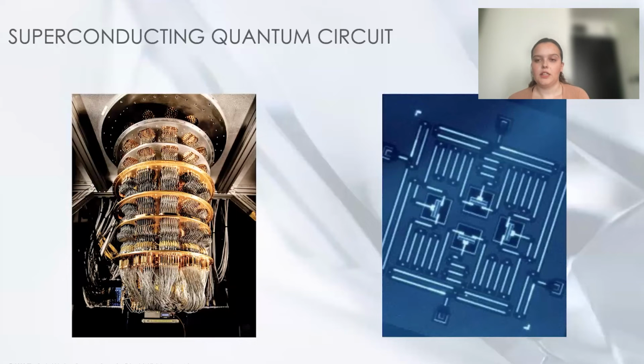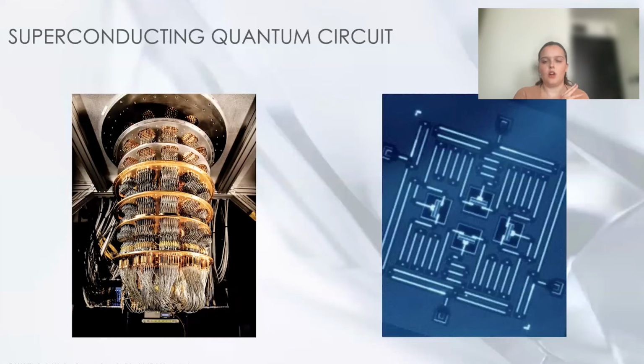And to go back to the circuit on the right-hand side, we can see the 4 qubits in the center. And if you look, you can see the wires. There are little connections between the qubits. This is created during the fabrication of the chip itself, and that is actually what creates the entanglement.